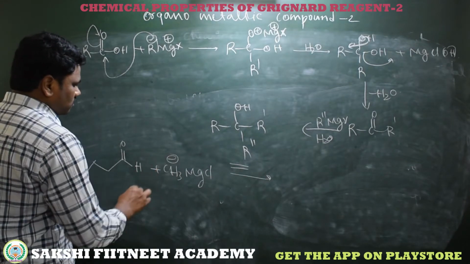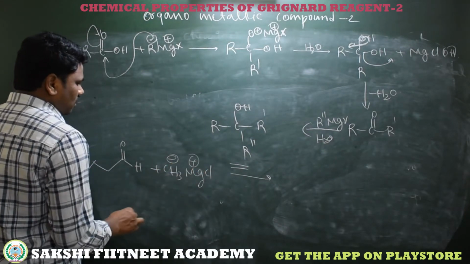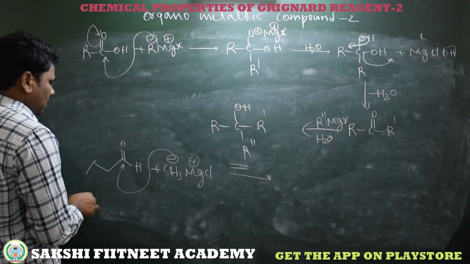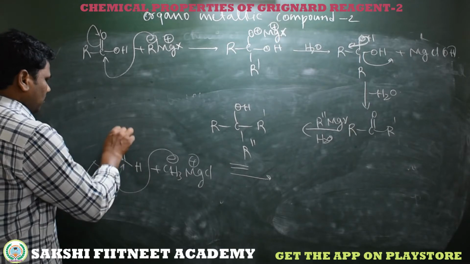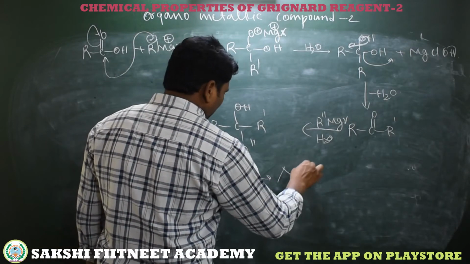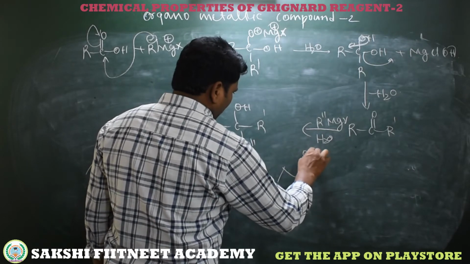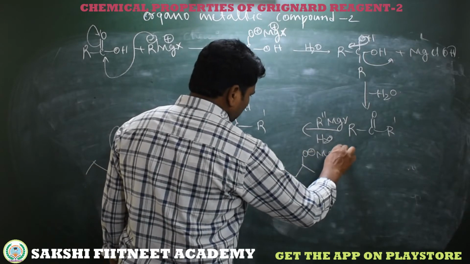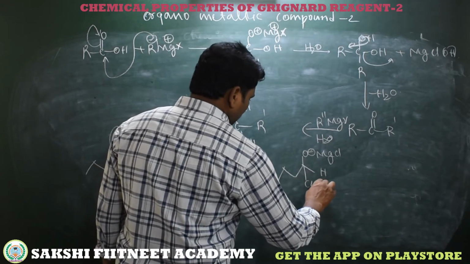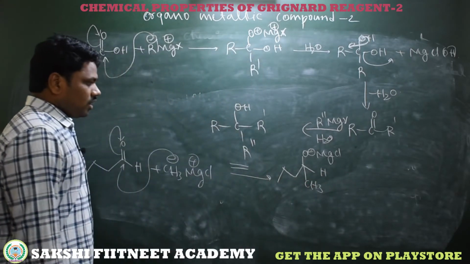So CH3 Mg Cl, we just discussed the mechanism. CH3 directly attaches to the electrophilic carbonyl carbon, then the pi electrons shift to oxygen, then we will get an O minus, here MgCl, here hydrogen is as it is, here we got a CH3 which came from the Grignard reagent.